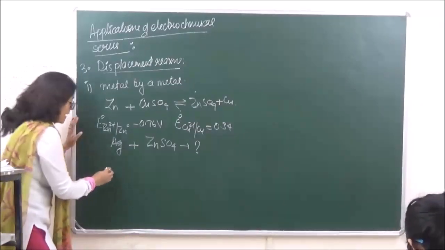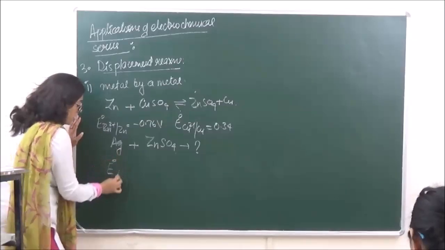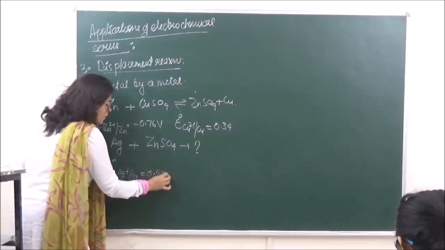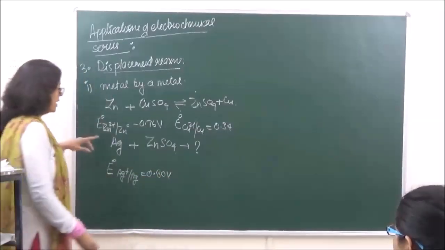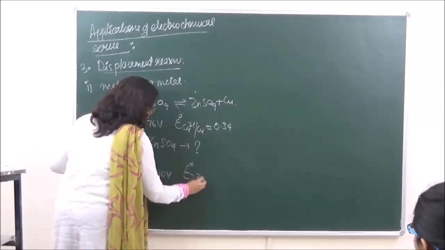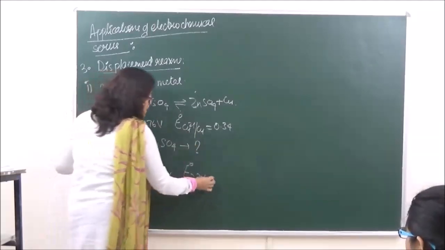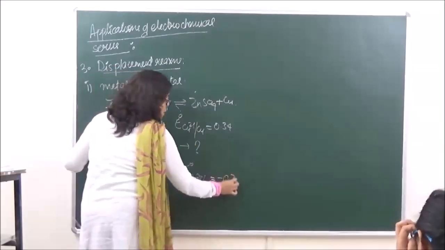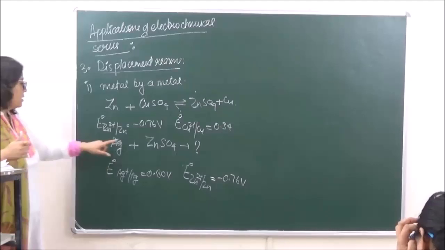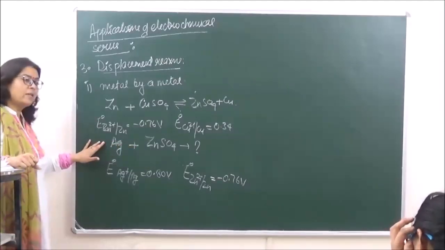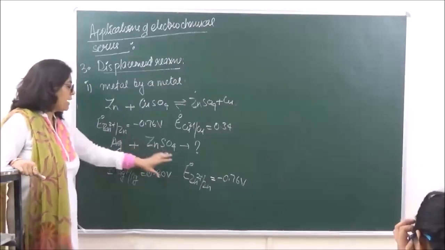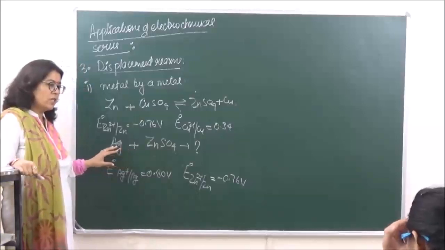When we are talking of the value of E0 for Ag+ to Ag, it is 0.80 volt, and for zinc it is minus 0.76 volt. Now according to this reaction, zinc has to be displaced by Ag. The value of Ag is 0.80, which is positive, and the value of zinc is negative. So would this reaction take place?